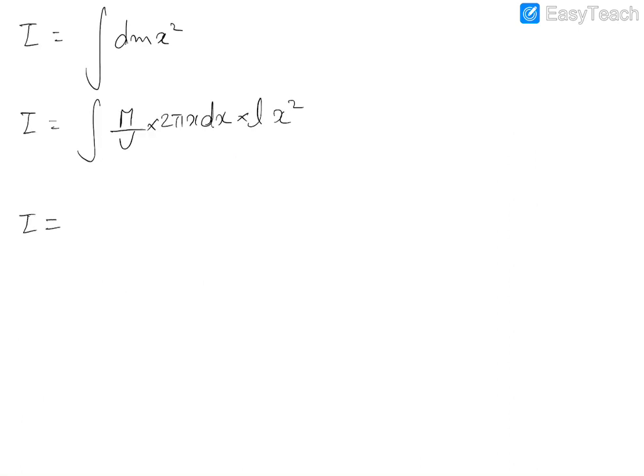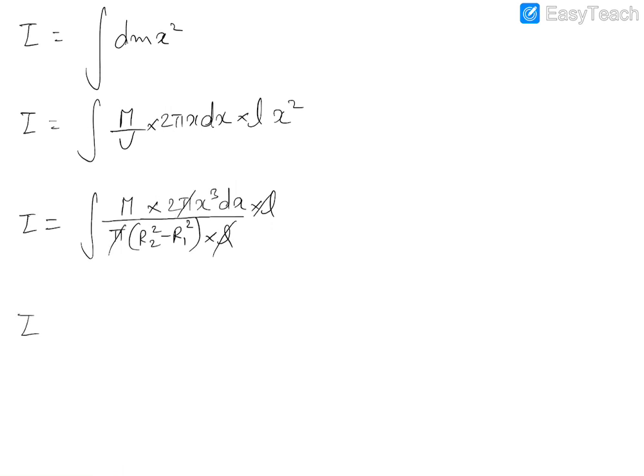So the moment of inertia I will be equal to m upon pi into (r2 square minus r1 square) into L, into 2 pi x cube dx into L. So this is dI, and cancelling this pi with pi, I would be equal to 2m divided by (r2 square minus r1 square) and integration of x cube dx.